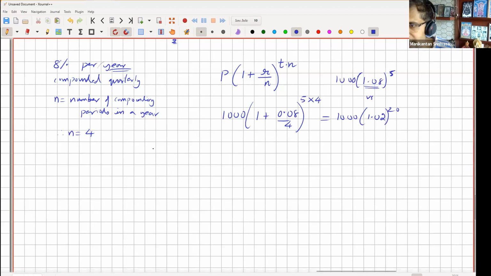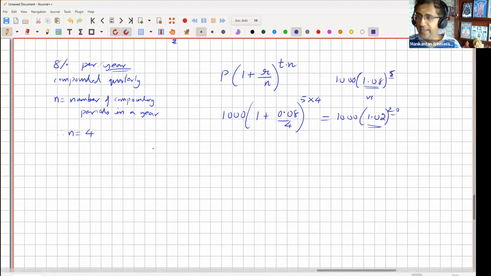Now you see that this base has gone down, but the power has increased. And the power is where the real power is, hence very aptly named power, right? So the second expression will be higher in value. So for the same 8%, seemingly the same situation, the more the compounding frequency, the more value it is for you.